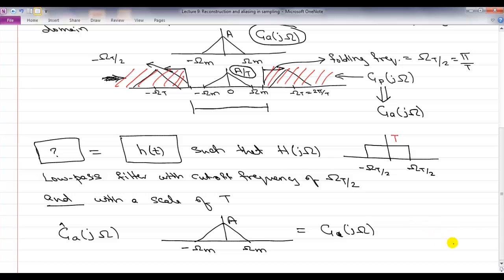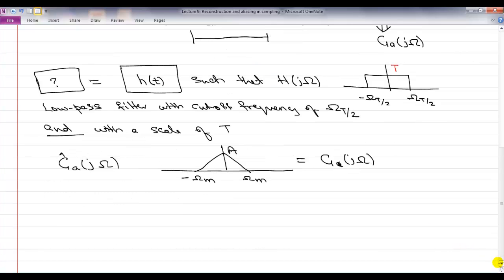So the reconstruction process, in short, looks like the following.